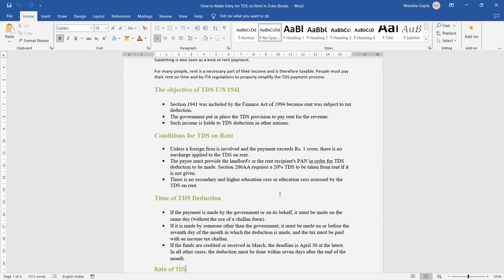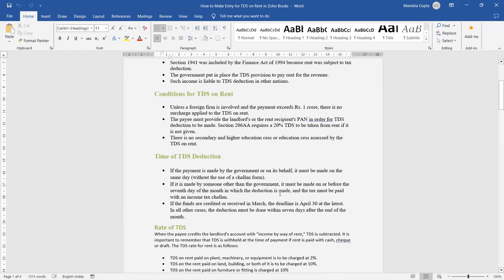If you are not providing the PAN, then the rate of TDS deduction will be 20%. There is no secondary or higher education cess or surcharge assessed on TDS on rent.